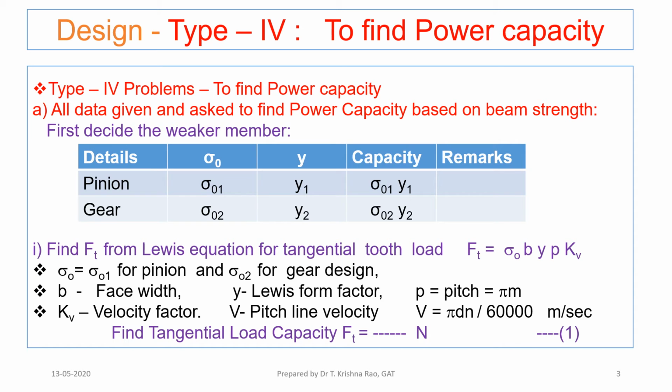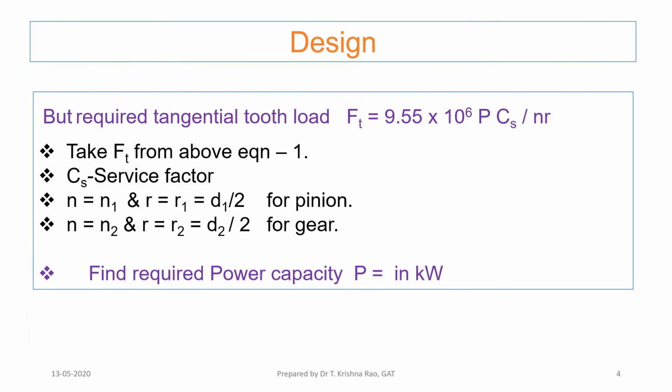Then we go to the torque equation, from where we calculate Ft. Ft is torque by radius. In this, we take the already calculated Ft value, substitute here, and find out how much power it can transmit. Earlier, knowing Ft, we were calculating the module. Now, knowing the Lewis equation Ft, always take the Lewis equation Ft for the weaker member.